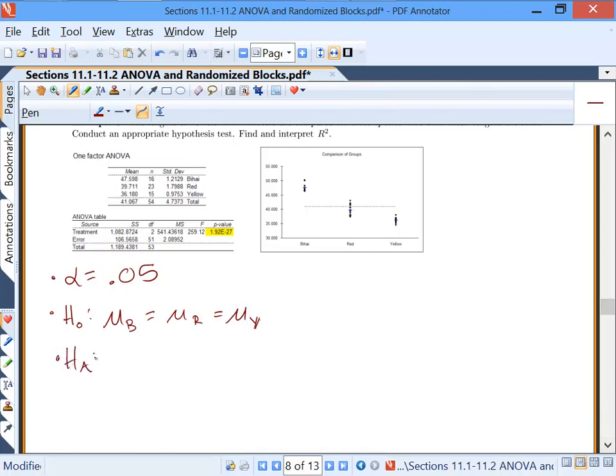And the alternative is that at least one population mean is different from the others.